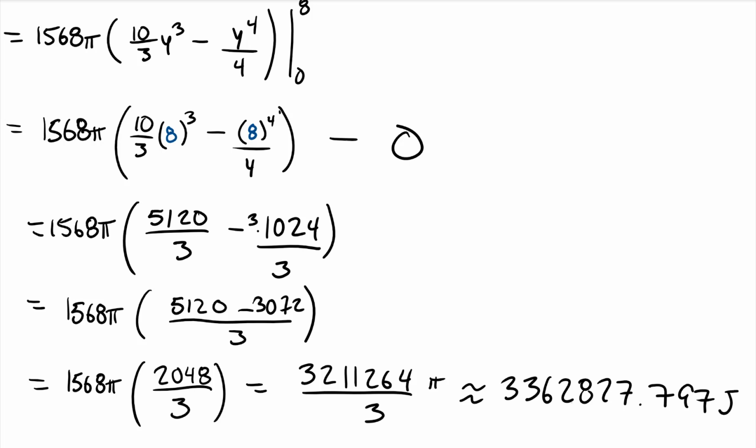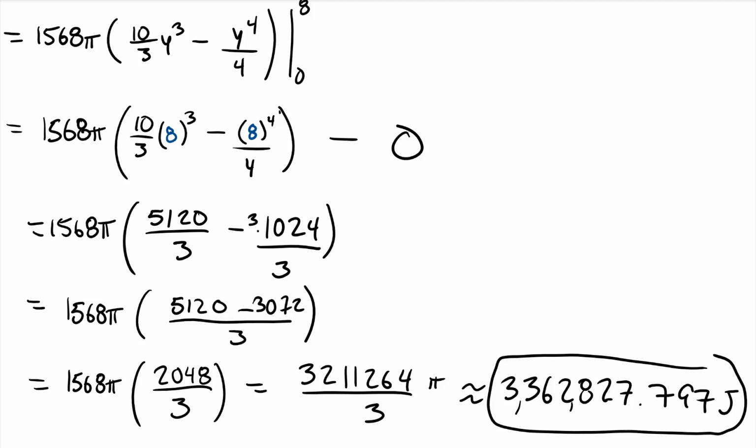So what is that? I'm purposely not speaking it as I'm doing it, because I need to look and be like, oh, it's 3,362,800 and... is that a 2 or a 7? 2! 27.797 joules.